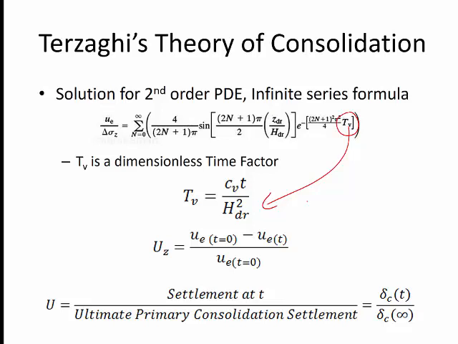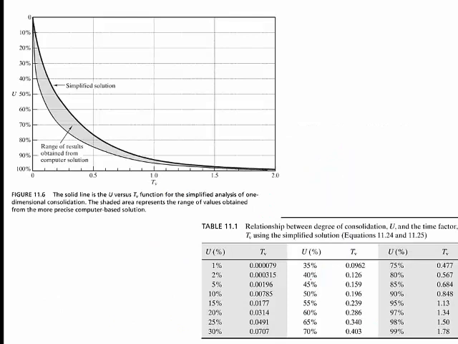And that is directly related to the percentage of the ultimate consolidation that occurs, which we can see from the e log P plot. Okay, and here are some correlations between T sub v and the percentage of consolidation that exists.